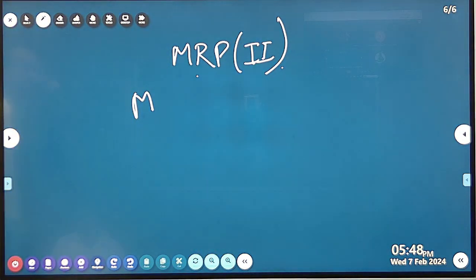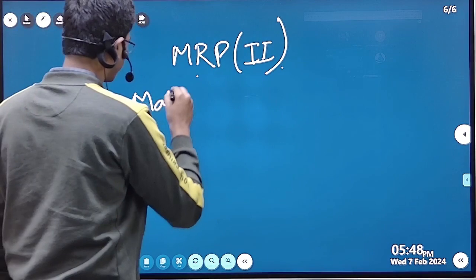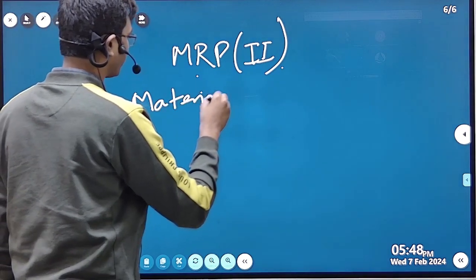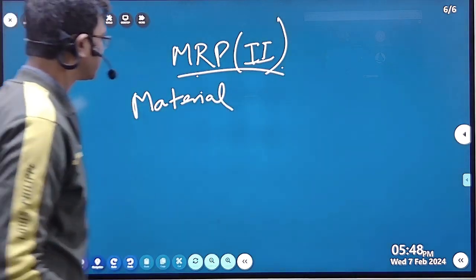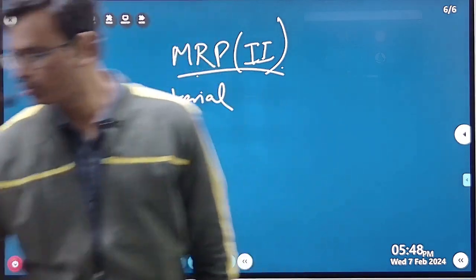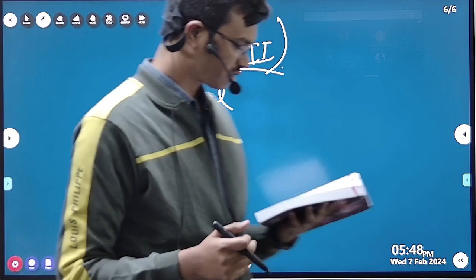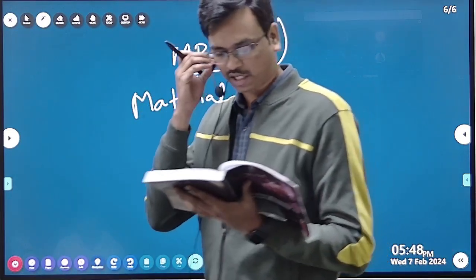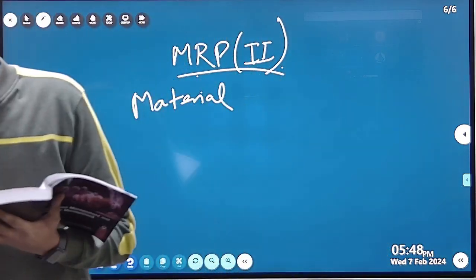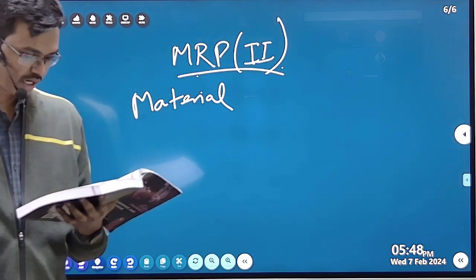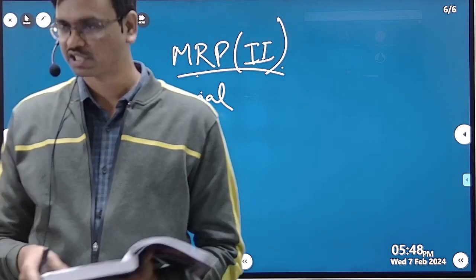So we have seen in the first part it is only related to material, right? But this is a more holistic approach. So it extends the same function of your material to the other departments, like your engineering department, your sales and marketing, and all of those other service departments as well.